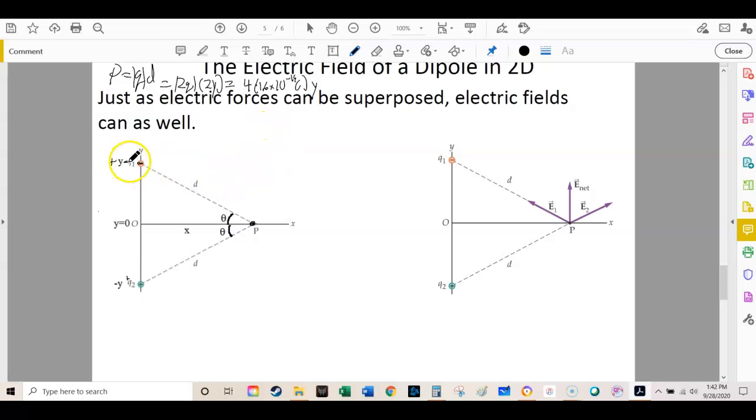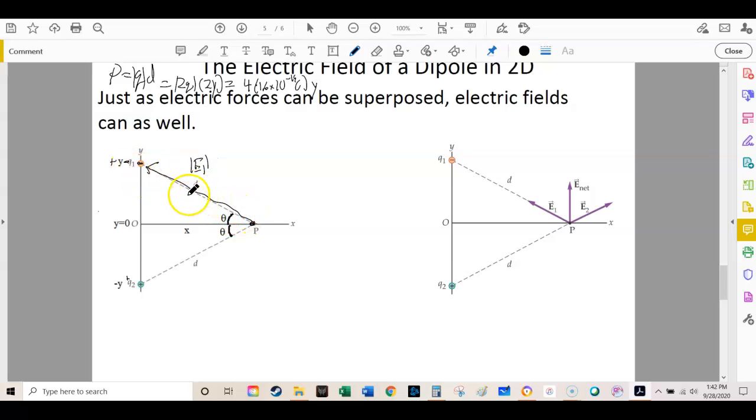So you have a negative Q1 up here and a positive Q2 down here. The electric field is going to be pointing toward that negative Q1, so that's what we're going to call E1. And it looks like it's been given as a distance d away.